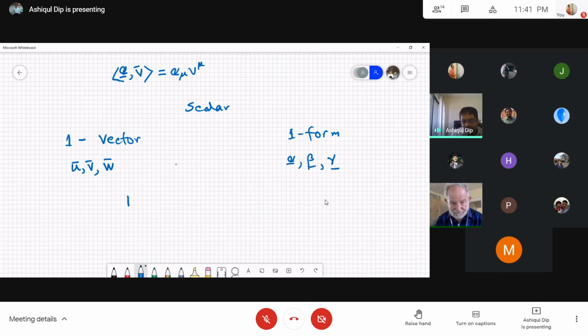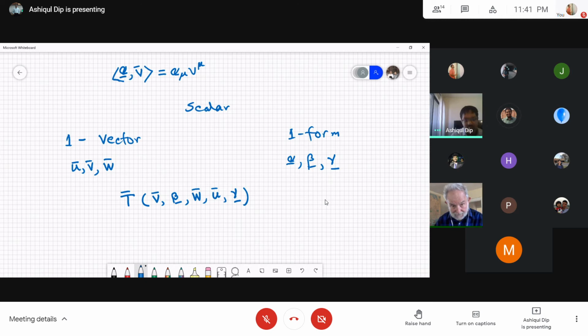Now you could have a tensor that can take, in its first slot, a vector, in its second slot a one form, in its third slot another vector, in its fourth slot another vector, and in its fifth slot, the last one, a one form. Yes, the order matters.